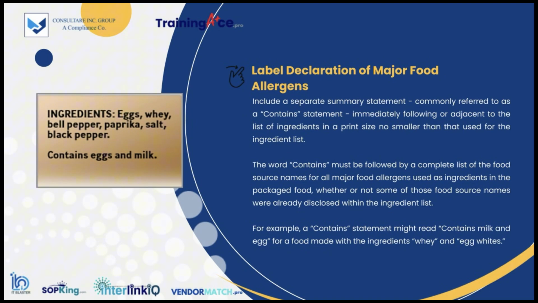The word contains must be followed by a complete list of the food source names for all major food allergens used as ingredients in the packaged food, whether or not some of those food source names were already disclosed within the ingredient list. For example, a contains statement which reads as contains milk and egg for a food made with egg ingredients, whey, and egg whites.